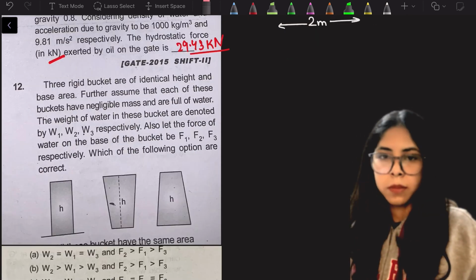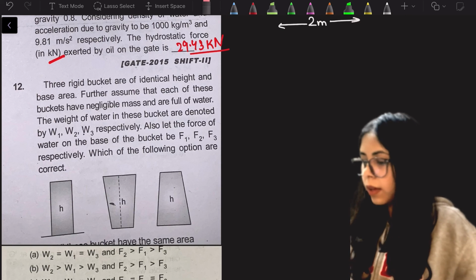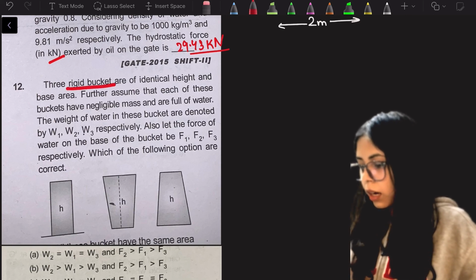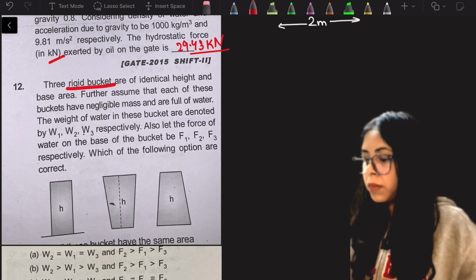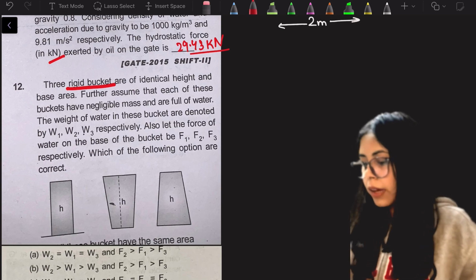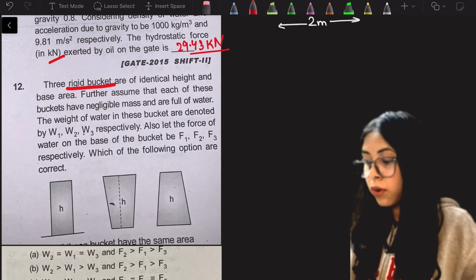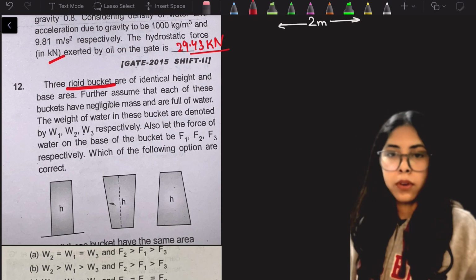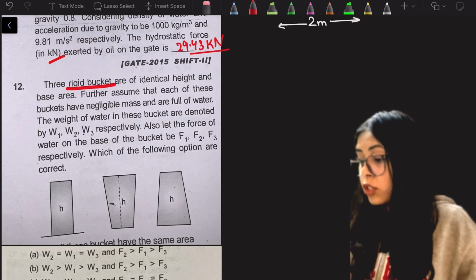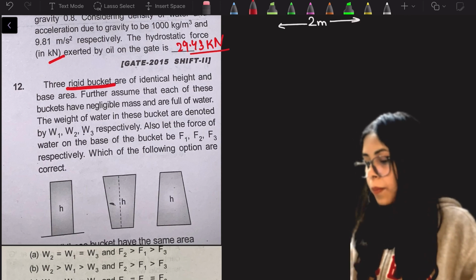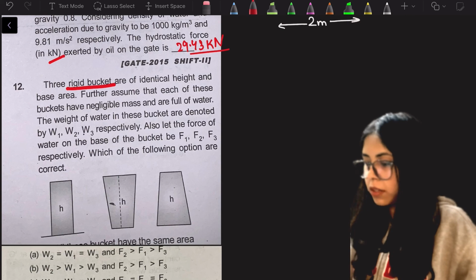So let's see question number 12, which is: 3 rigid buckets are of identical height and base area. Further, assume that each of these buckets have negligible mass and are full of water. The weights of the water in these buckets are denoted by W1, W2 and W3 respectively.